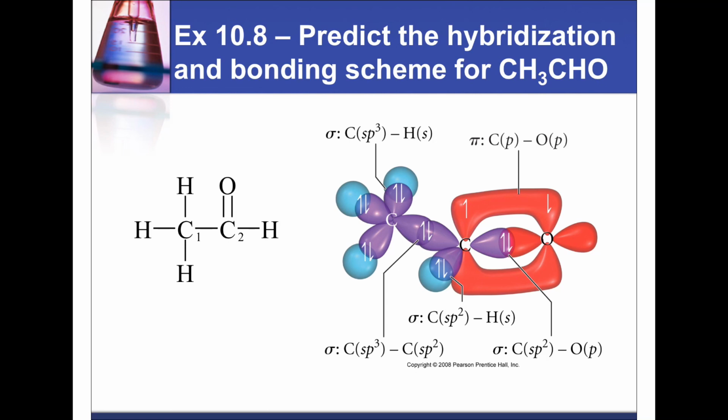Okay, so here's kind of the pretty picture. Here's our Lewis dot diagram. Here is our valence bond diagram, or valence bond scheme.